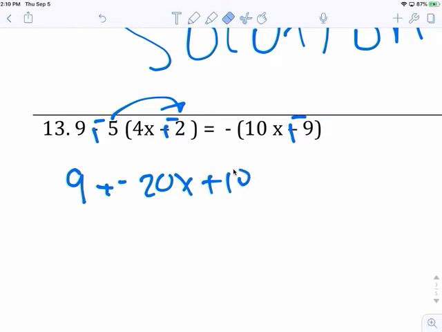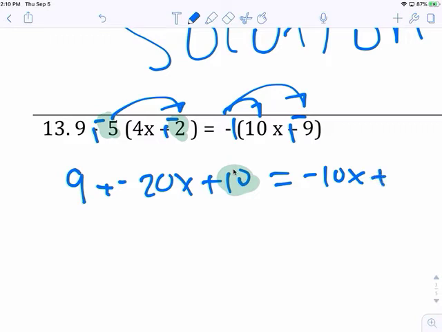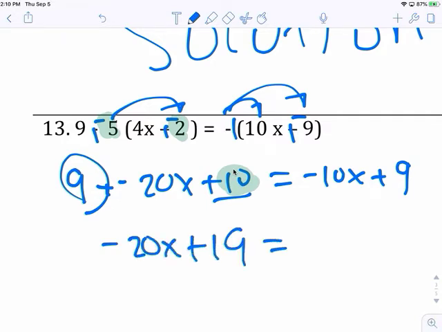Negative and a negative is a positive. Equals invisible 1, distribute, negative 10x, distribute, positive 9. Combine these, it's 19: negative 20x plus 19 equals negative 10x plus 9.